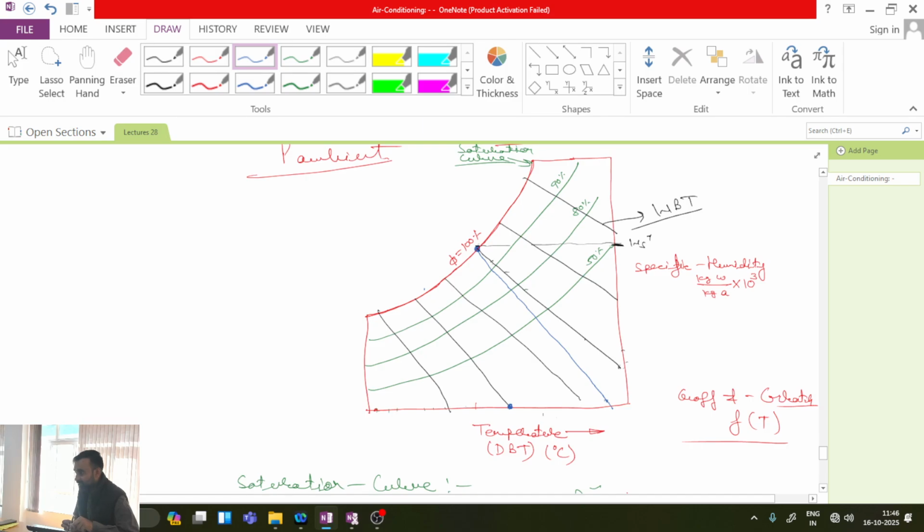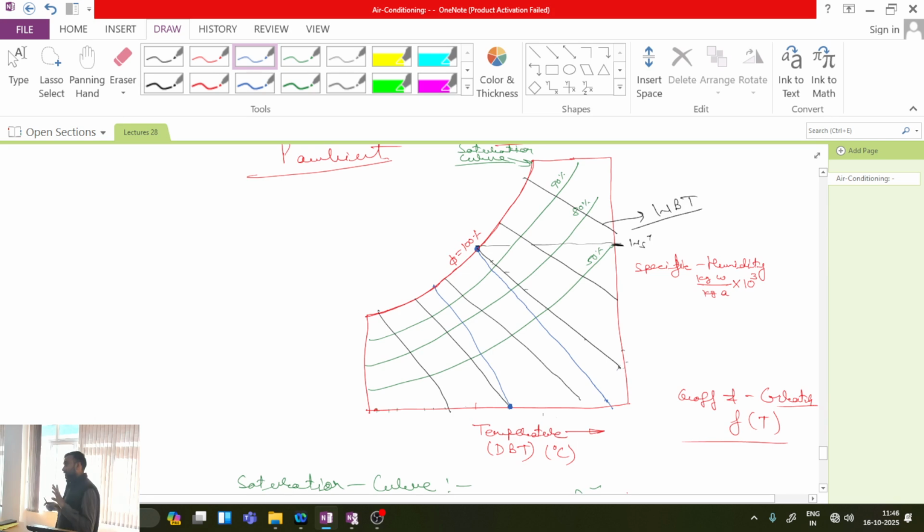This is HS star, and when you have come to this point, your actual enthalpy H is less than HS star. So if you start from this point, then enthalpy must increase, so it should be like this.